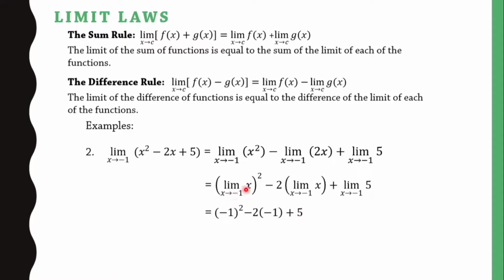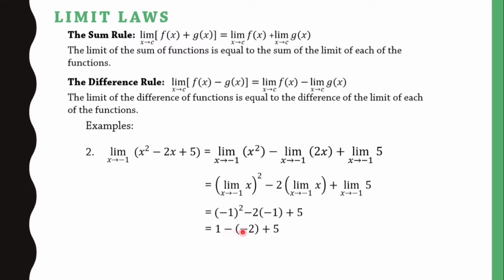So again, this is negative 1, then squared, minus 2 times negative 1, plus 5. So negative 1 squared is 1, minus 2 times negative 1, that's negative 2, then plus 5. So we simplify this. Take note, we have the invisible 1 here.